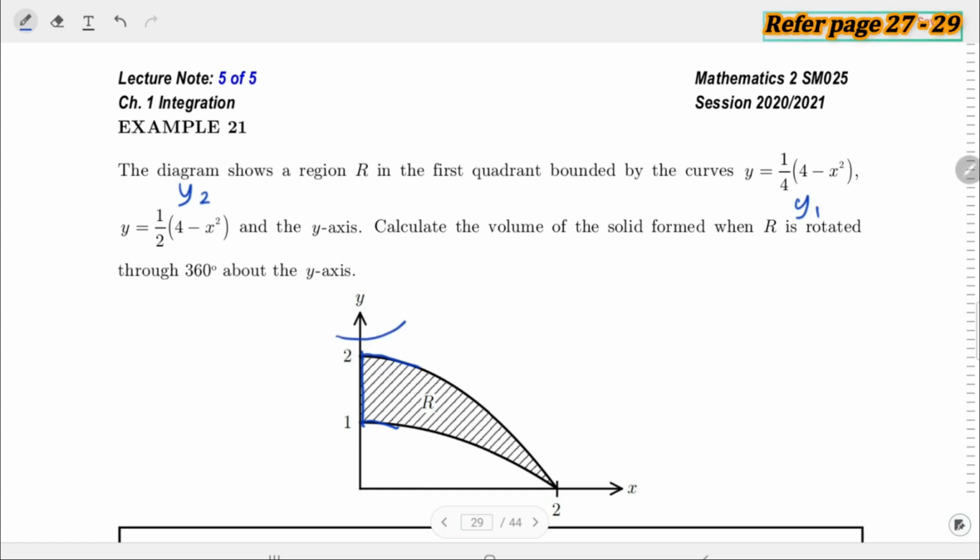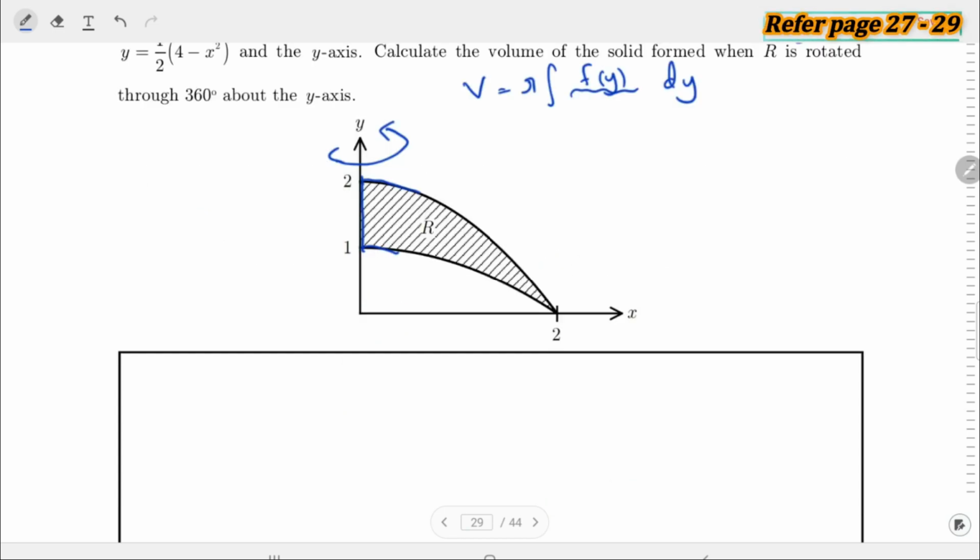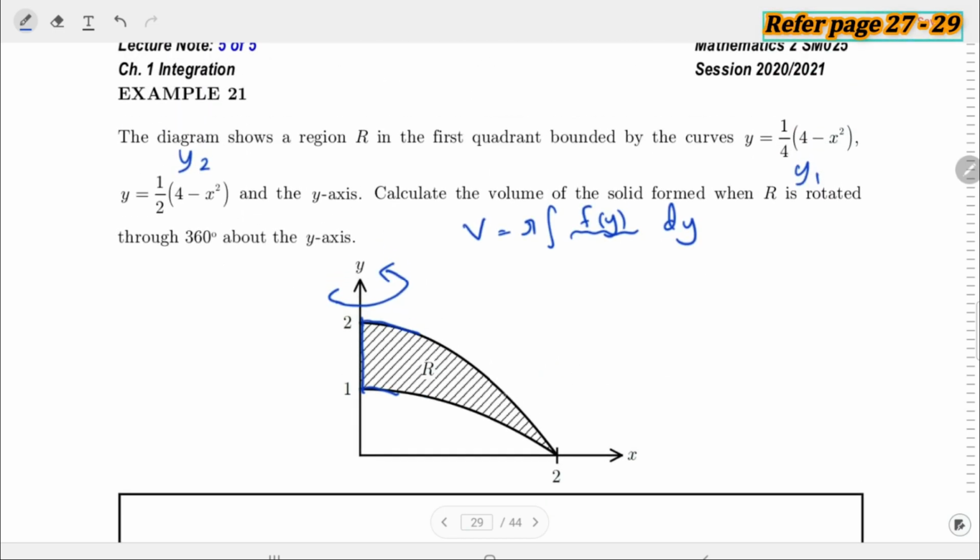So now it is rotated about the y-axis. Please remember the formula would be something like this: pi, and then dy, because it is rotated about the y-axis. And the function here, we are going to use a function of y, not a function of x. First, we change the function given into y terms.